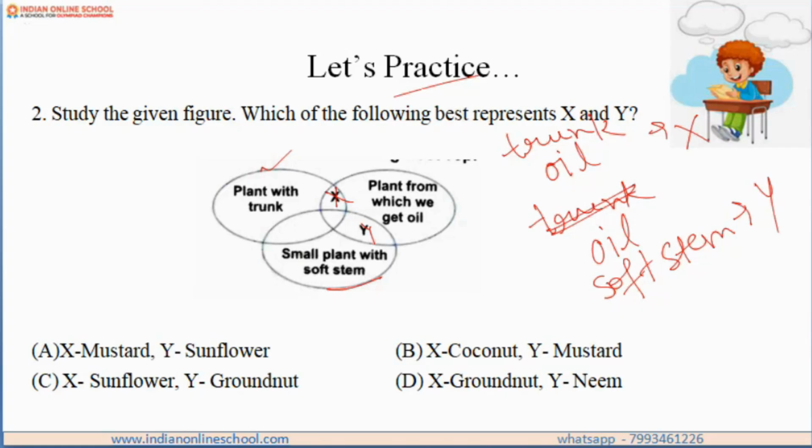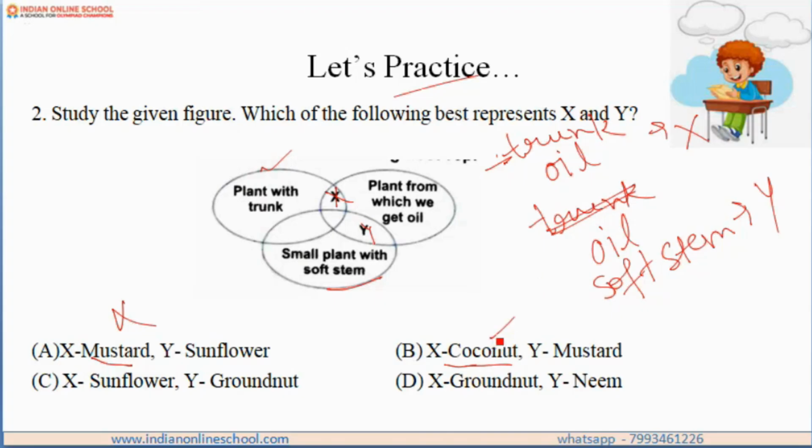So let's see the options. Then we will find out the correct option. X is mustard. Does a mustard plant have a trunk? No. So it can't be a correct answer. X is coconut. We get oil from coconut?